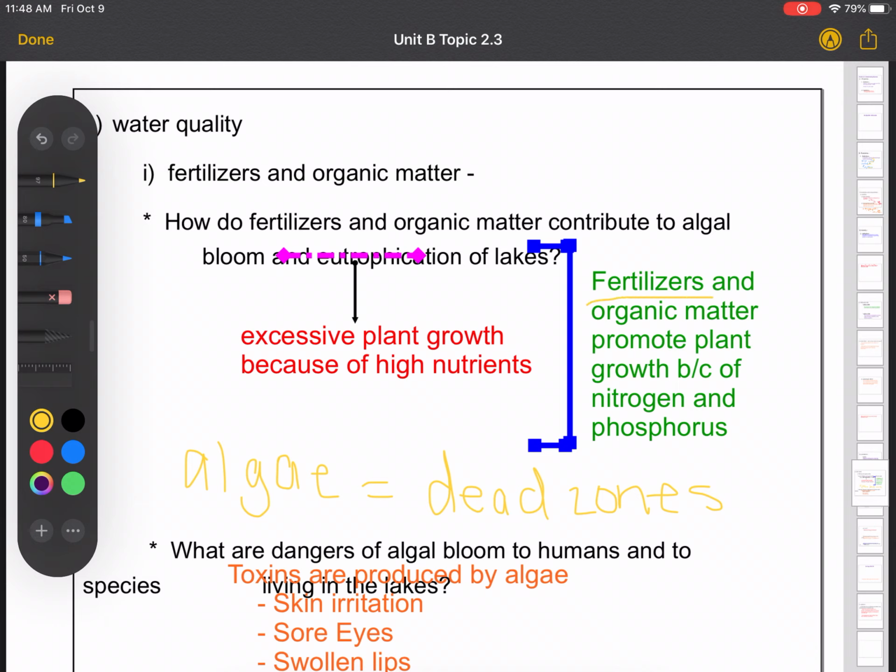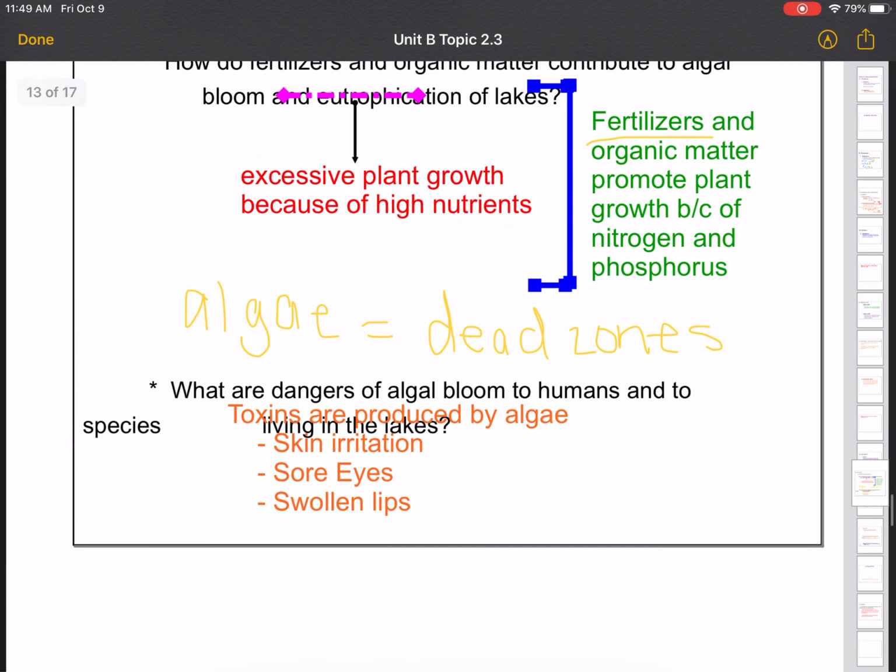So something that's a really bad contributor to fertilizers and algae blooms is golf courses, because golf courses have that beautiful green soil. They're always putting so much fertilizer on, watering it. It rains, it pulls all of those fertilizers into bodies of water nearby, and then you've got these big algae blooms.